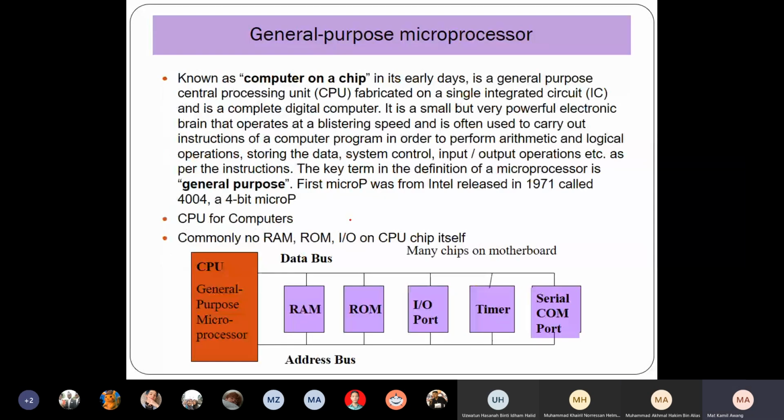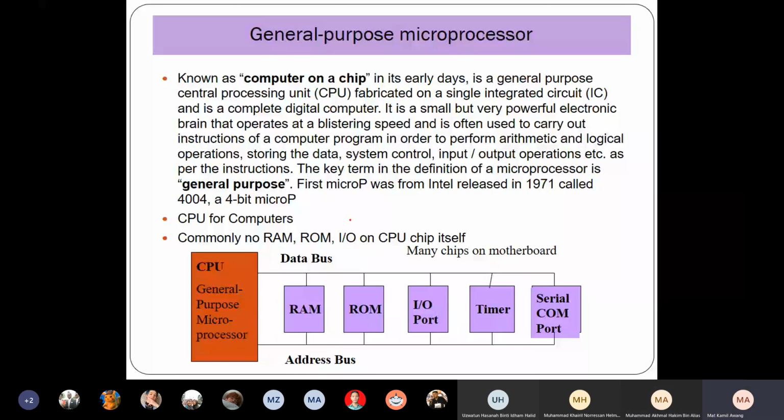This is the general purpose microprocessor, or we call it a computer on a chip. It's a general purpose central processing unit fabricated on a single integrated IC, and it's a complete digital computer.